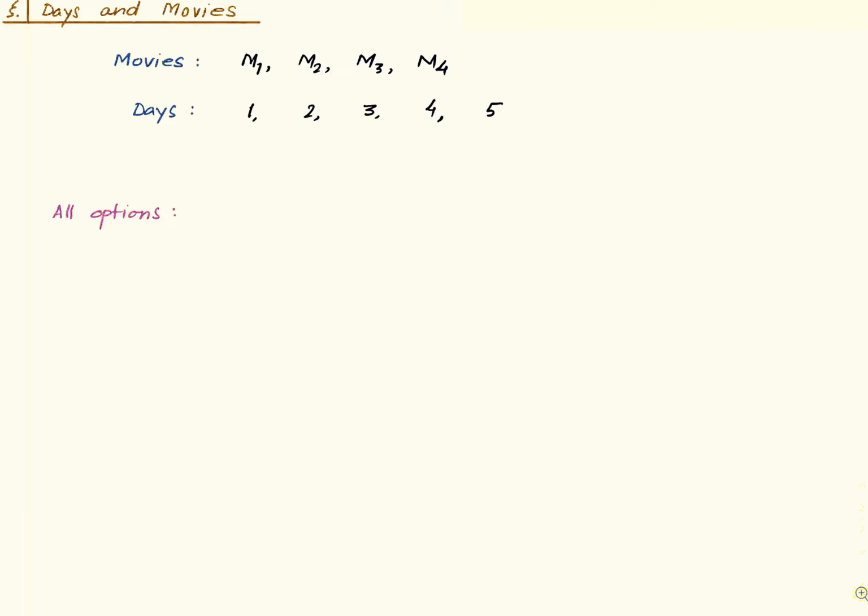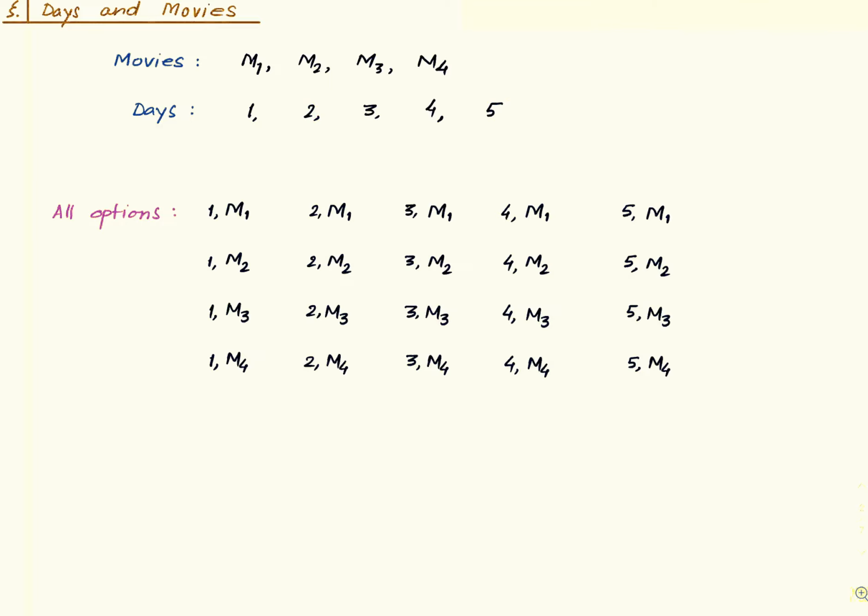So let's start with an example. Suppose we have 4 movies playing in theaters, and we want to record all the possible shows that one can watch in the first 5 days of the week, let's say, and the days are numbered 1 to 5. So what one can do is make a table.